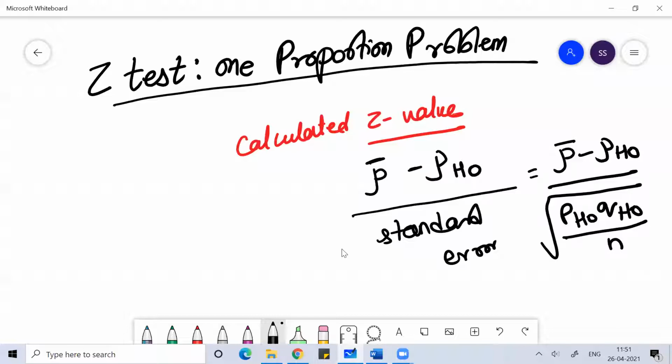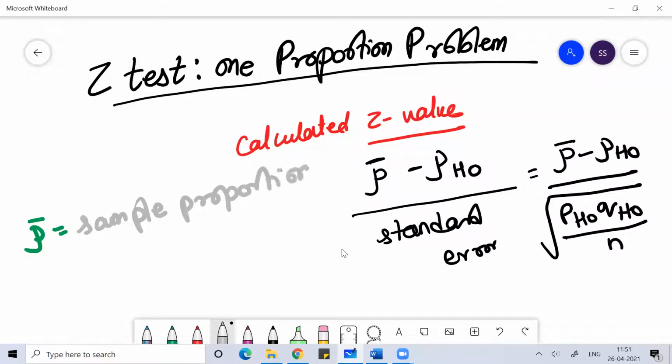This would be the formula of standard error, where this is the sample proportion, and this is the hypothesized proportion, or the population proportion.